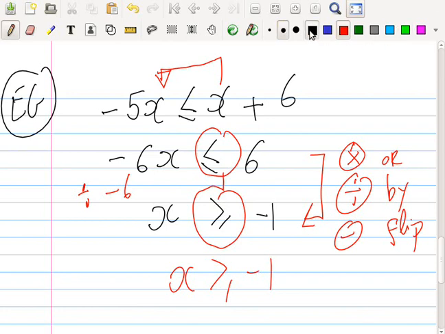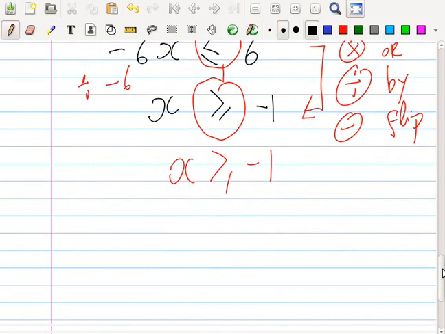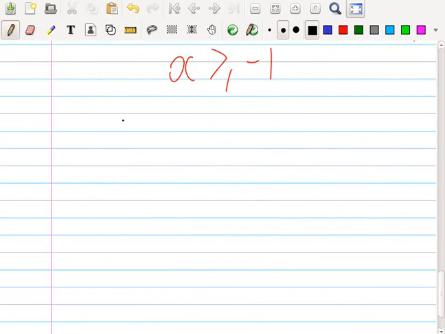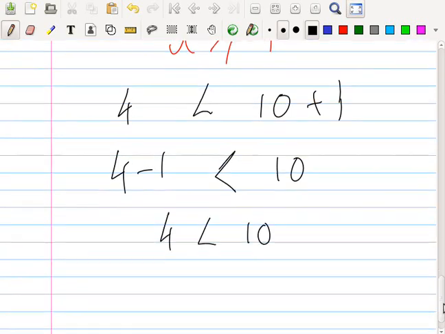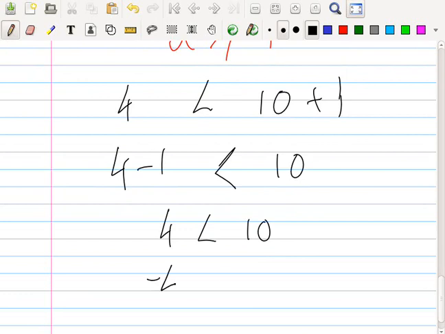Yes? And here, if you don't want to take my word for it, for example, if I have 4 less than 10 plus 1, if I take that plus 1 to the other side, is this still true? Yes. Still true. Now, suppose I have 4 less than 10, and I multiply both sides by minus 1. Is this still true?